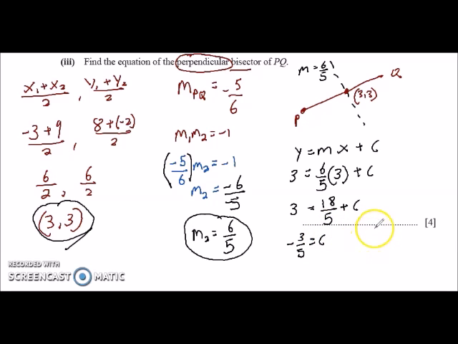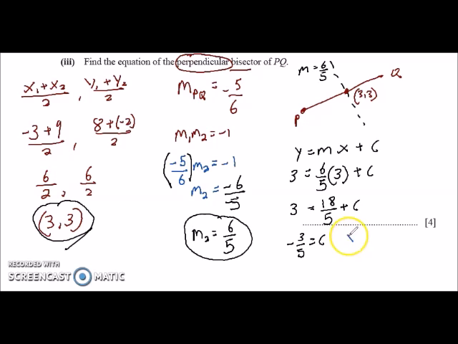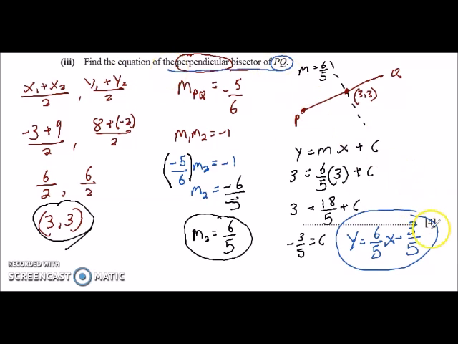At the end, we'll be getting the answer here, y equals the gradient 6/5 x, and then we minus with 3/5. Okay, this is the equation of the perpendicular bisector of PQ. This is 4 marks over here.